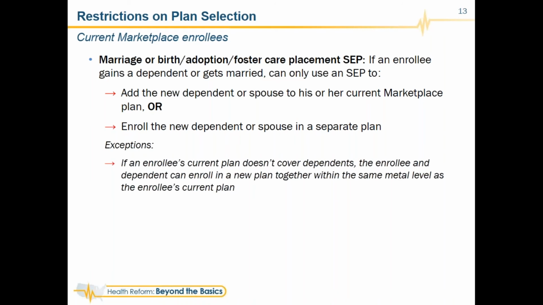Basically, an enrollee can add their new dependent or new spouse to their existing plan, or they can enroll the new dependent or the new spouse in a separate plan as long as the new dependent or spouse is not already enrolled in marketplace coverage. And in rare cases where an enrollee's plan doesn't cover dependents, the enrollee and the new dependent or the new spouse can enroll in a new plan together with the same metal level as the enrollee's current plan.